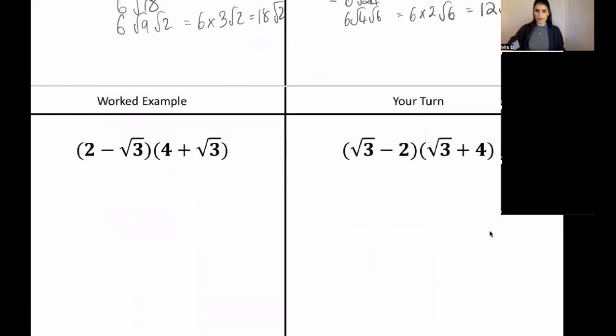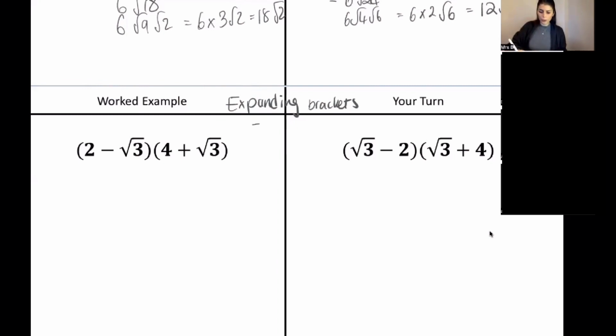Right, expanding brackets now. We're going to use this when we rationalize surds as the last part of our lesson today. Expanding brackets with surds is exactly the same as expanding brackets in algebra. So whether you learnt it with the grid method or if you learnt it what we call the FOIL method, both methods will be absolutely fine for this as well.